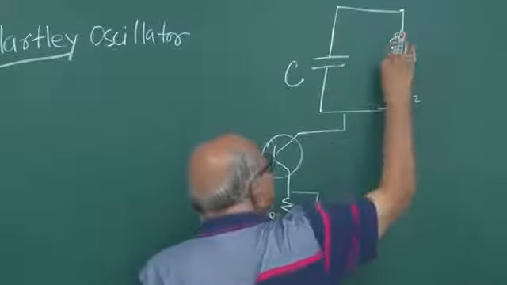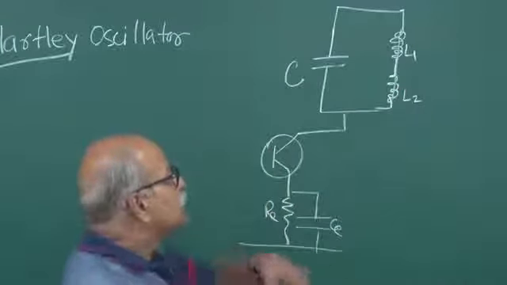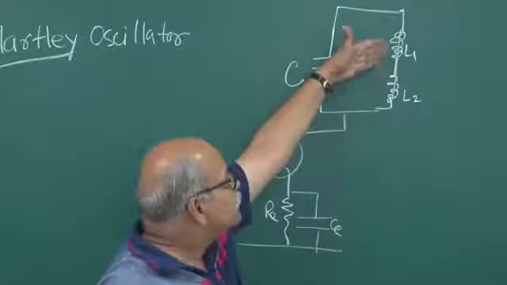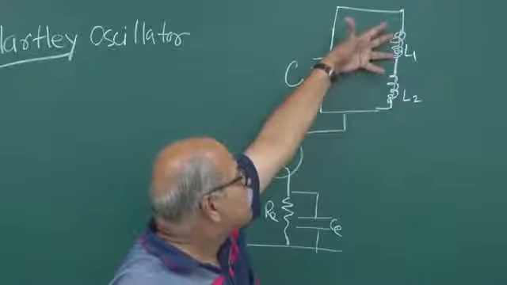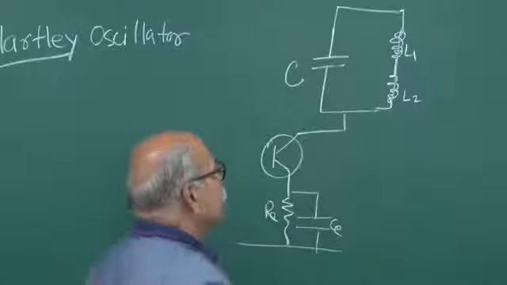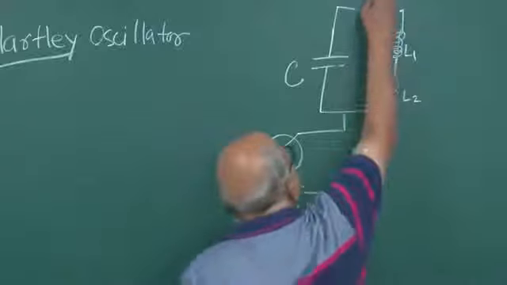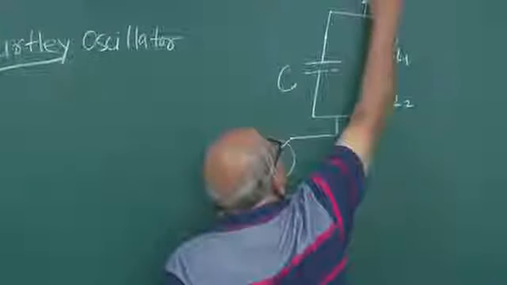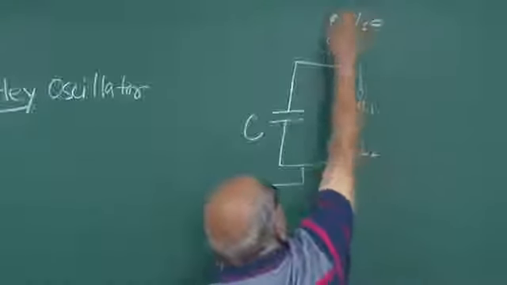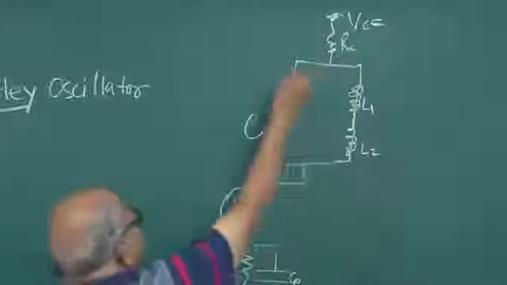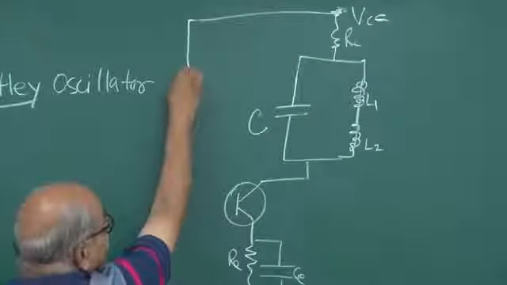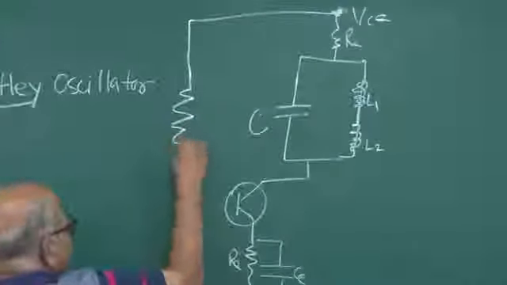They may be wound on the same core, so they can be coupled with each other, or they can be separate also. So this L1 and this L2, and then you have your usual RC and VCC here, and from that VCC you make that potential divider.